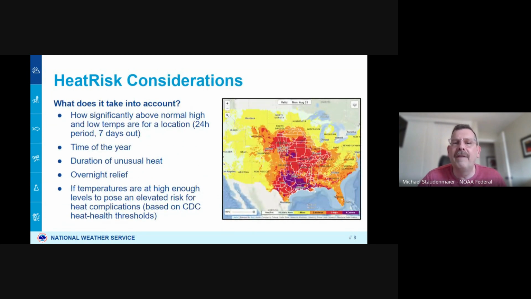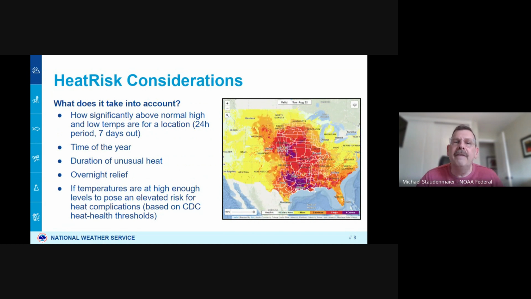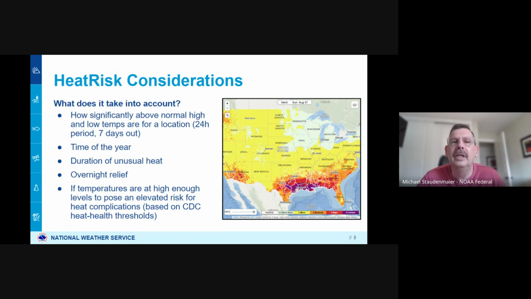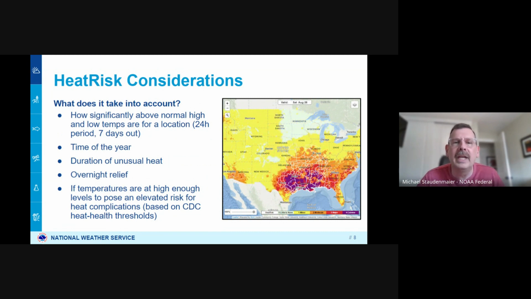So here you can see the factors that are considered in the heat risk approach. Both high and low temperatures play a role in predicting the 24-hour value. The thresholds identifying the various levels of heat stress change through the year based on local climatology to better account for acclimation. The entire 7-day period is examined to identify periods where excessive temperatures exist for 2 or more days.